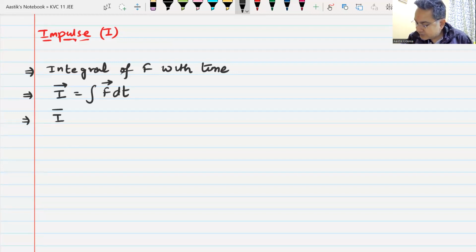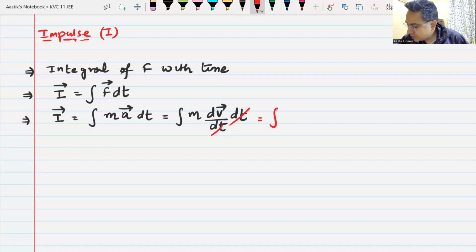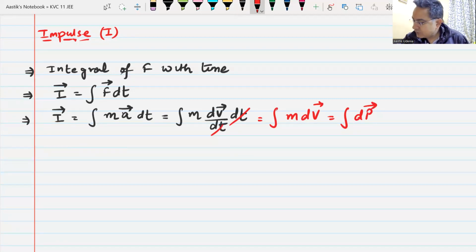From here I can also write impulse as the integral of force, which is m into a, into dt. A can be written as m into dv by dt, into dt. So it becomes the integral of m dv, or the integral of dp. Impulse becomes the integral of dp.